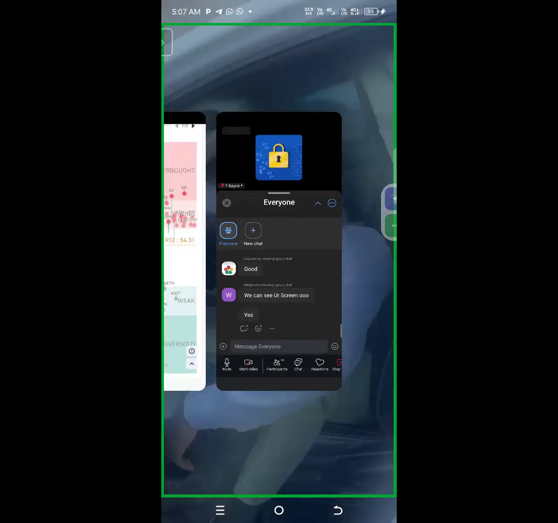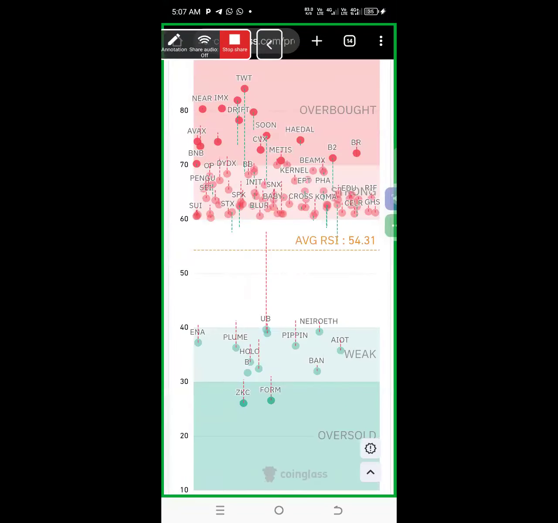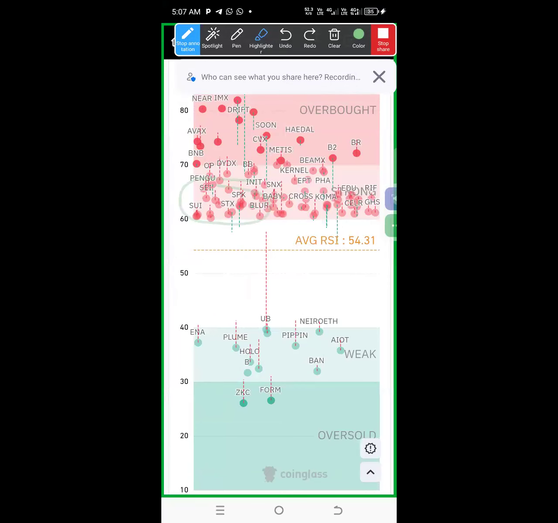Now the areas are two. We have two or three regions here. This place happens to be the neutral zone. You can see there are no assets here, right? So it simply means some of the assets are presently at the buying and overbought zone, and some of them are at the selling and oversold zone.